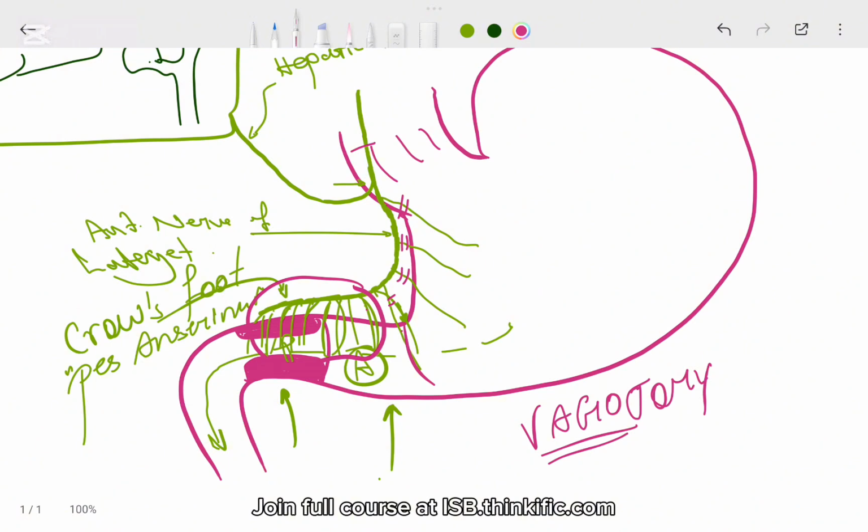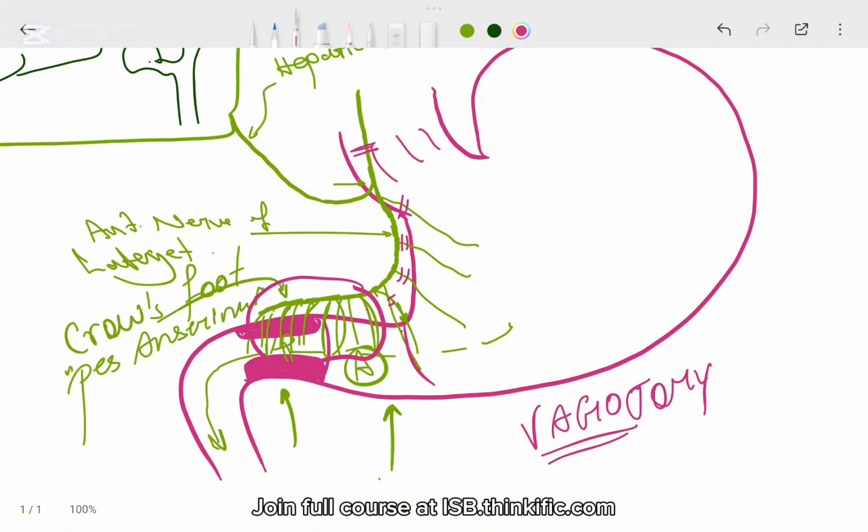But they noted a problem: when they cut the vagus nerve from the top part, in truncal vagotomy, not only is acid secretion reduced, but also the dance is abolished. The dance between the antrum and the pylorus no longer takes place.